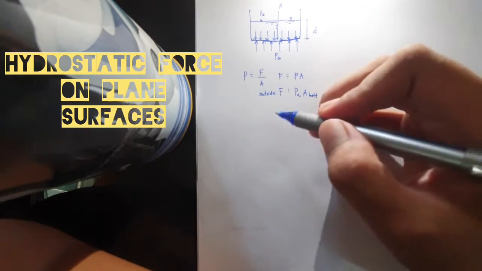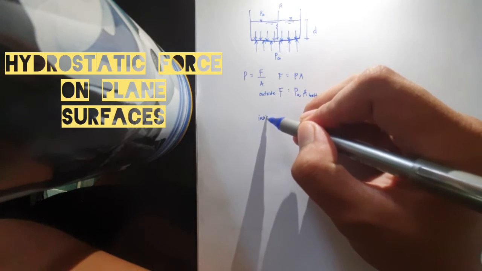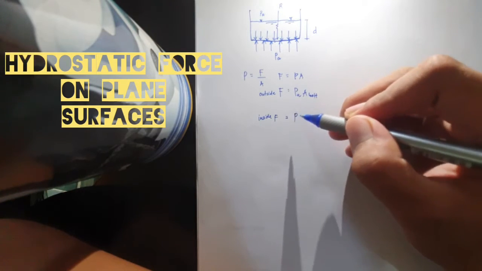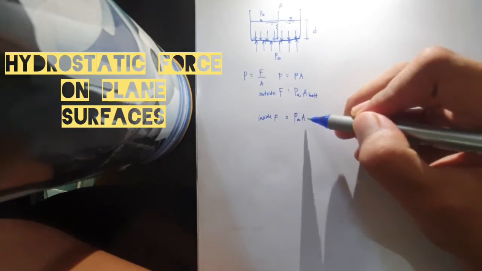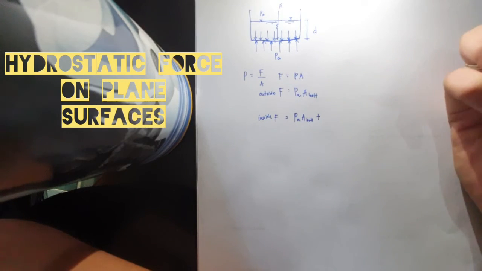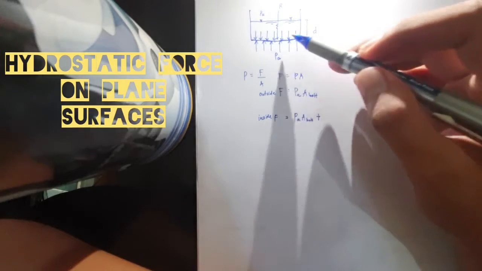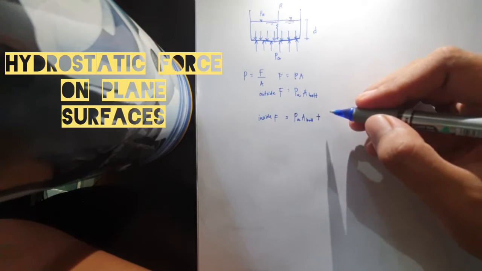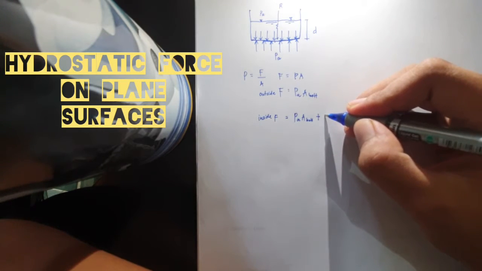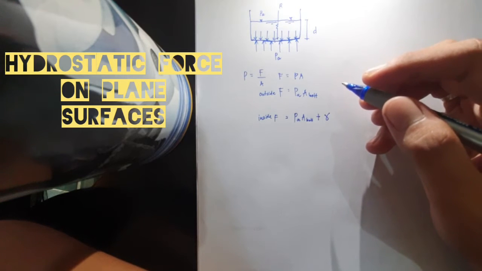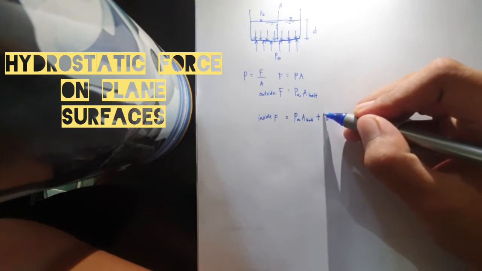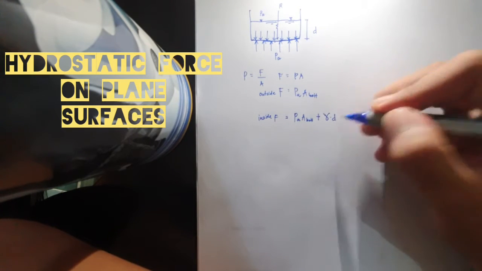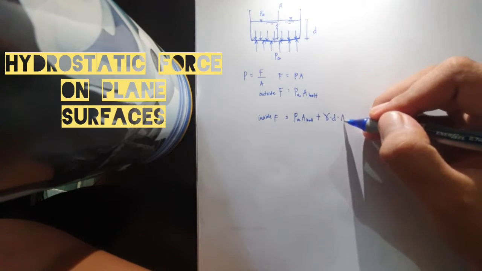So on the inside, the force is the pressure applied by the atmosphere times the area at the bottom, plus the force exerted by the liquid. So that is gamma H, gamma times depth times area at the bottom.